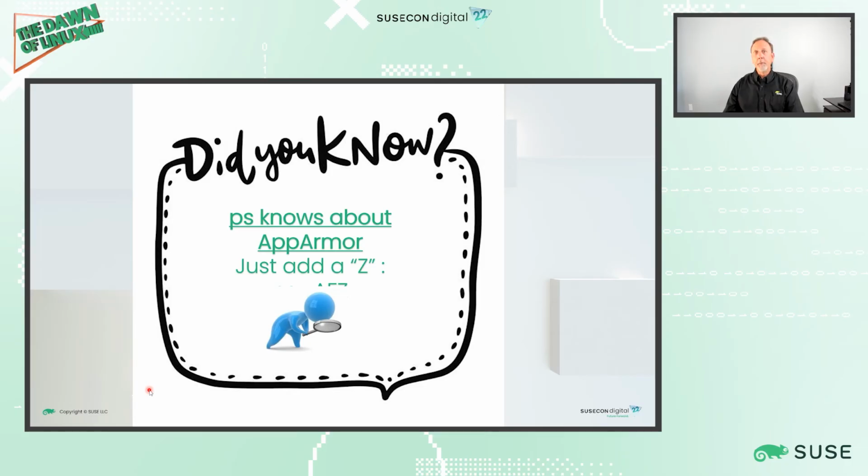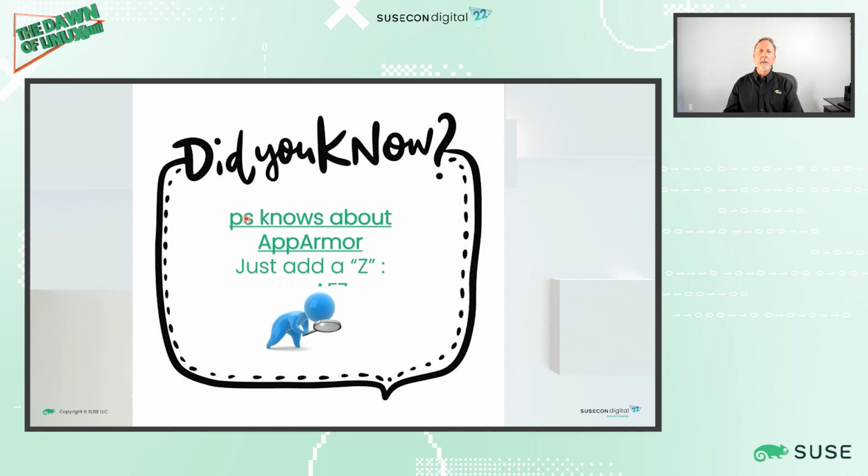One thing that most people don't know is that our favorite command, the ps command, knows about AppArmor. So if you run ps with your favorite parameters, aux, this, that, the other thing, if you add a capital Z, and this is important, the capital Z at the end, then it will not only list what you would normally see based on the parameters that you added, but it will also list on the far left-hand side the status from an AppArmor perspective.